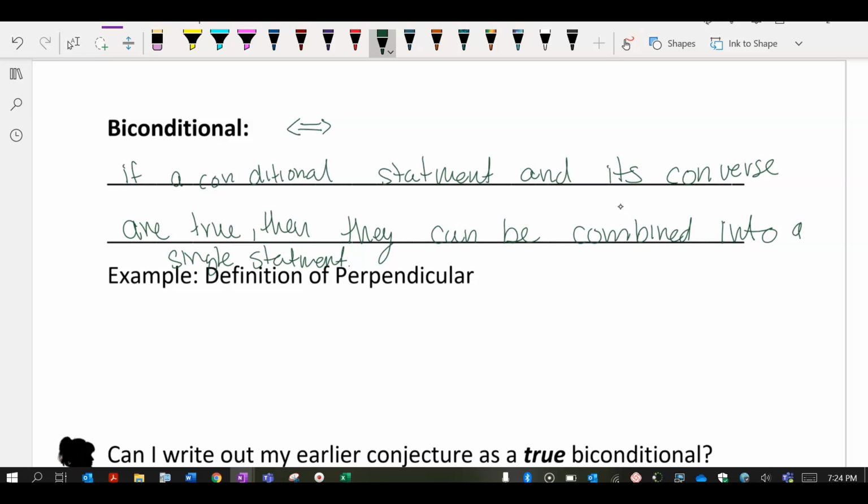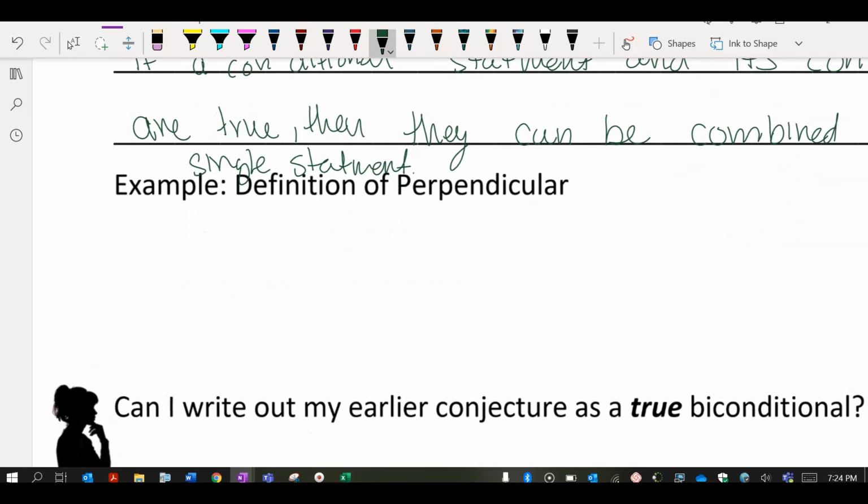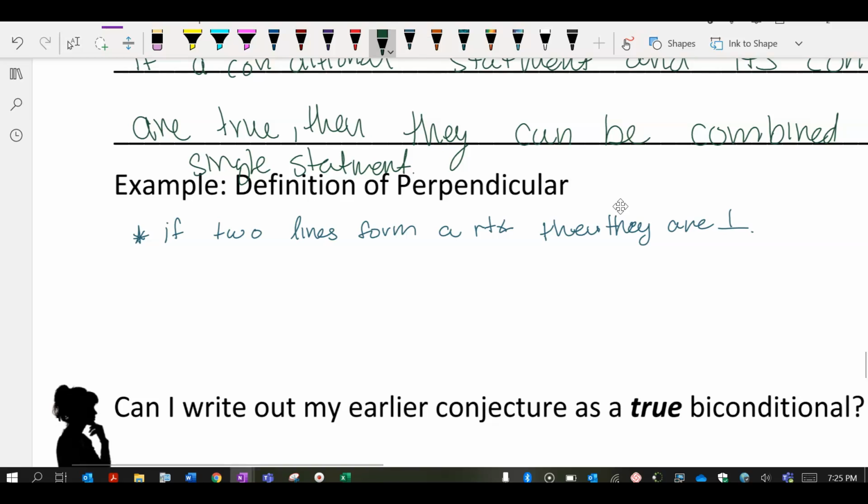So let's do an example using perpendicular. If two lines form a right angle, then they are perpendicular. Now, let's go the opposite direction.